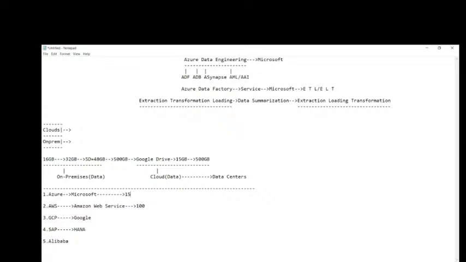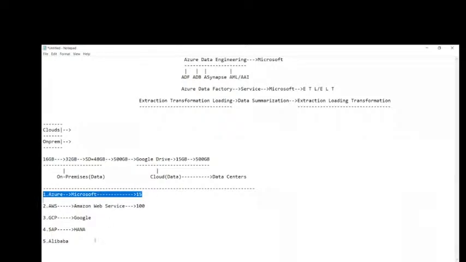So Azure is a very economical service, much cheaper comparatively than Amazon. Hence the number one product available in the market in cloud technology is Azure, from Microsoft. Getting my point?